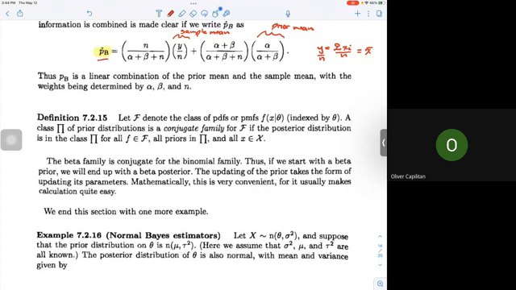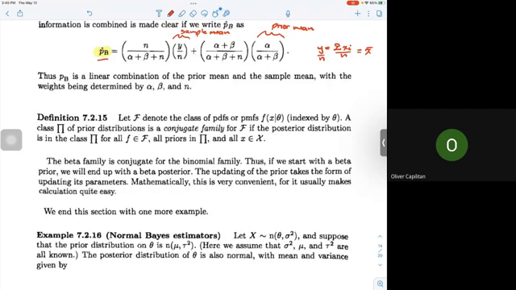A class big pi of prior distributions is a conjugate family for script F if the posterior distribution is in the class big pi for all PMF or PDF small f, all priors in big pi, and all x in our sample space. That means, if our prior distribution belongs to this family, then our posterior distribution must also belong to that family.